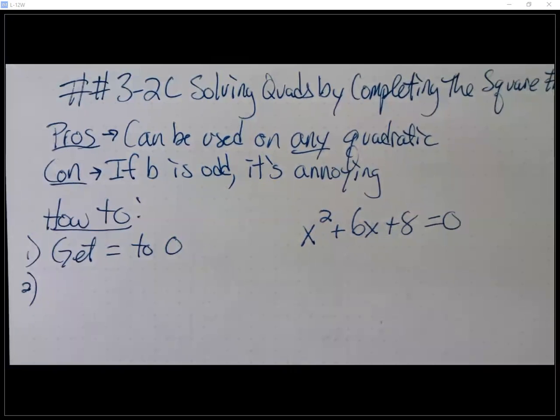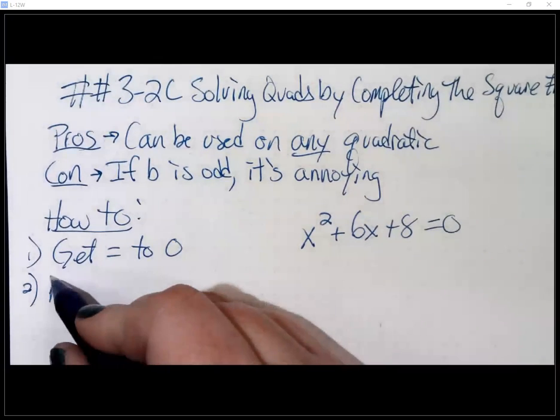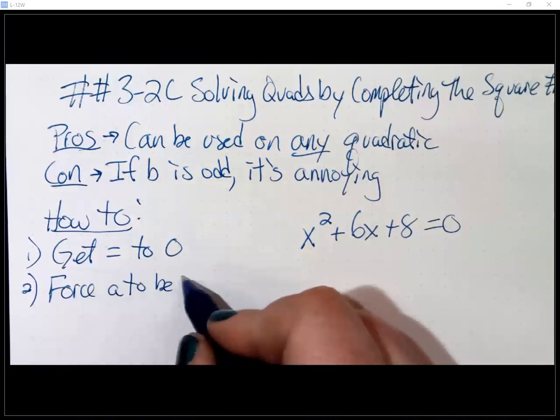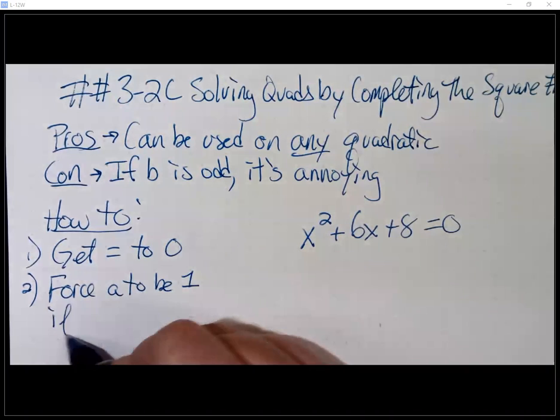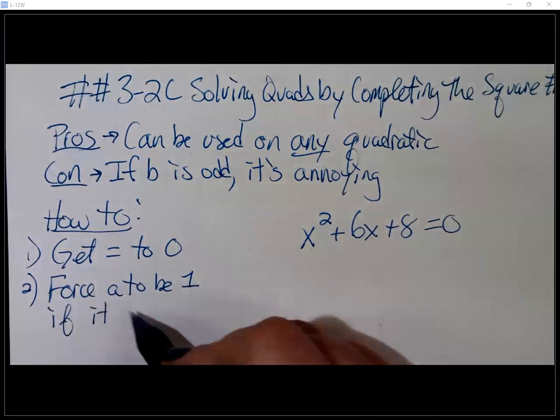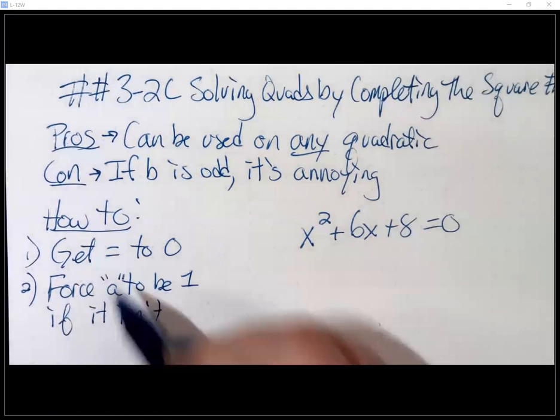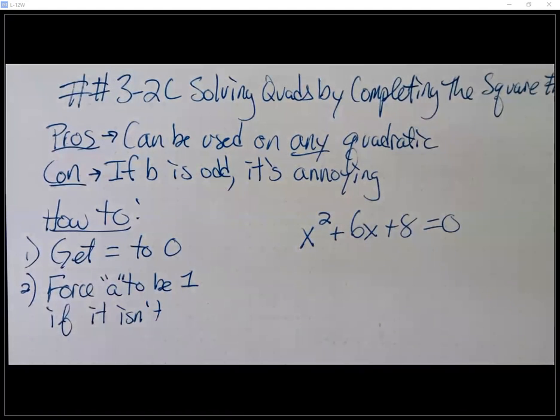We'll do an example in a few minutes. So I'm just going to add in here, force "A" to be 1 if it isn't. Let me put A in quotes so you don't think it's the word. Now, once those things are done, now you're ready for the good stuff.